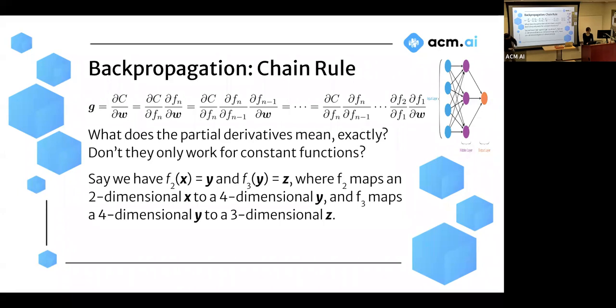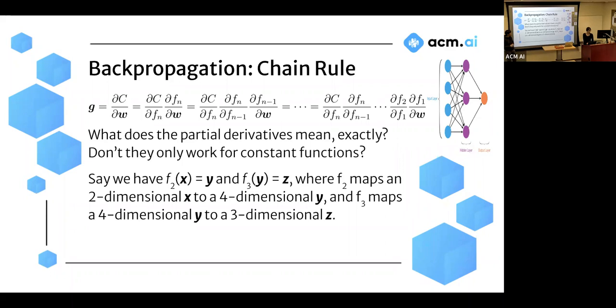However, with a lot of these things, like our f_n and f_(n-1), we are basically taking the partial derivative of a vector output with respect to a vector. What does that mean? We know the derivative of a scalar with respect to a vector is just the gradient. But what does it mean for us to have a derivative of a vector with respect to a vector?